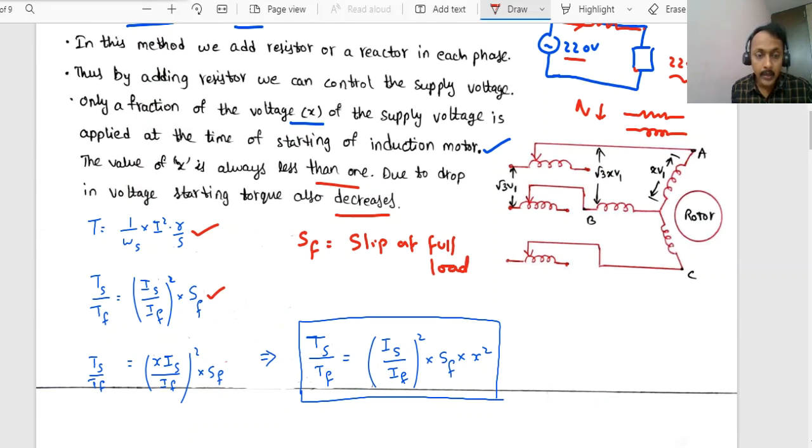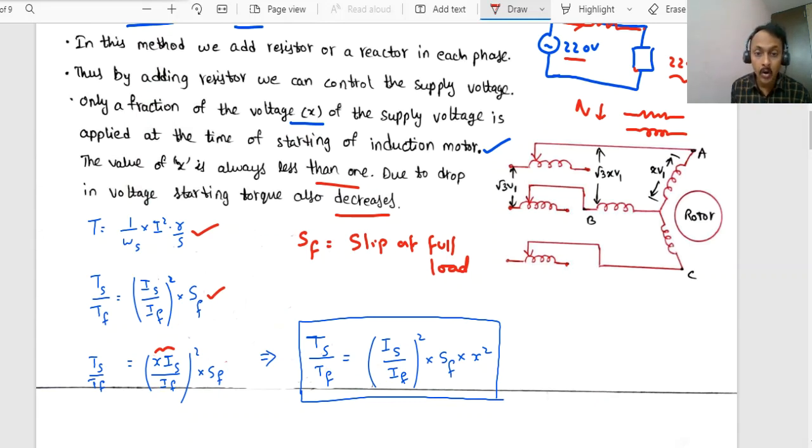But are we going to apply the entire voltage? No. So because of that, only some fraction of starting current will be drawn by the machine. So X times IS, amount of current only will be drawn by the machine. Now in the place of IS, it is just X times IS, where the value of X is less than 1.